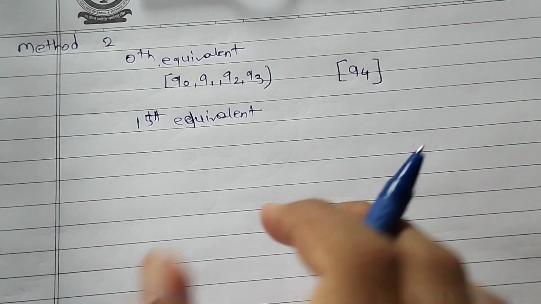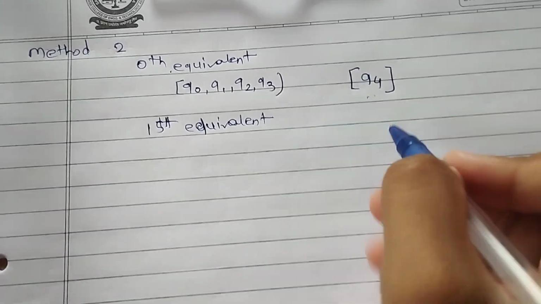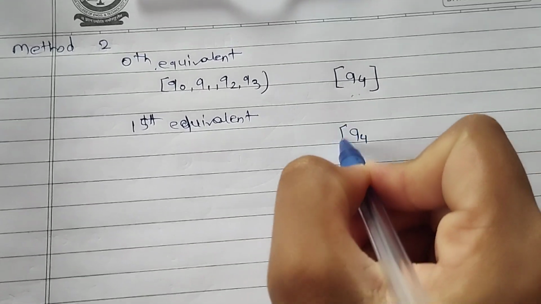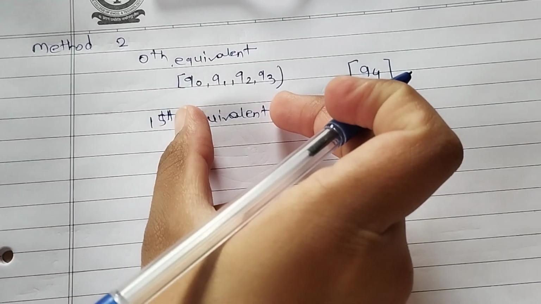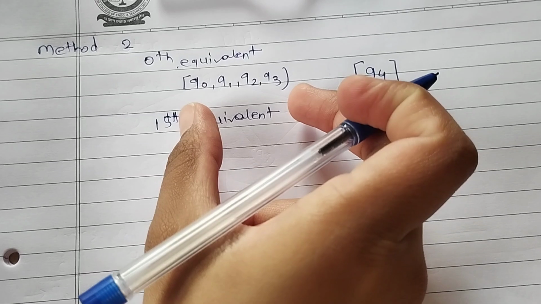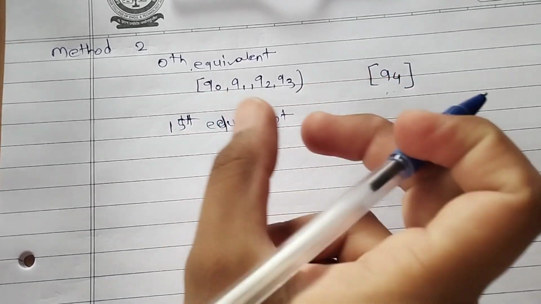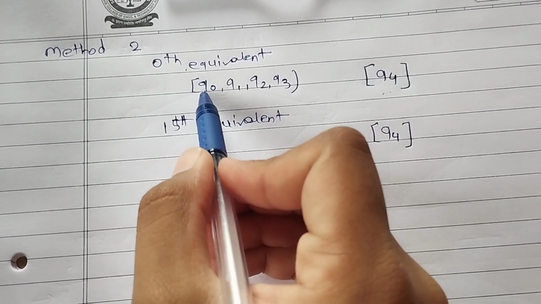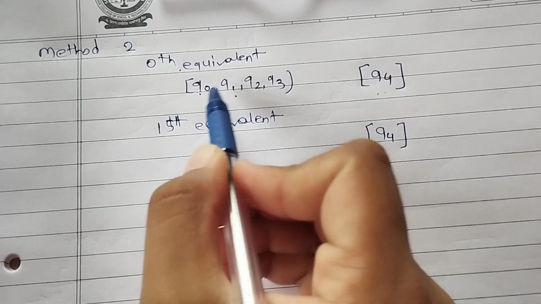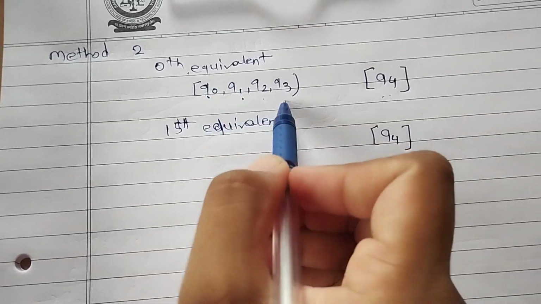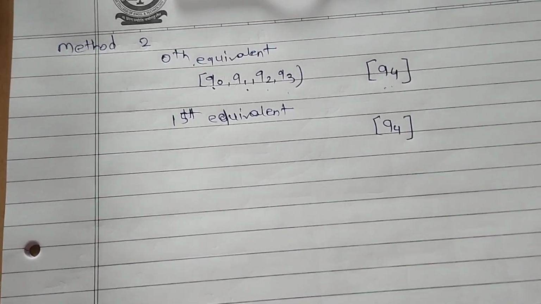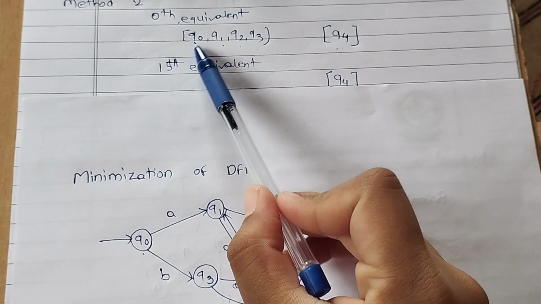Now this Q4 is single, so we do not disturb this Q4, and these are the 4 elements in one group. So we split these 4 elements. How? First we see Q0 with Q1, Q0 with Q2, Q0 and Q3 in pairs. So the first pair is Q0 and Q1.